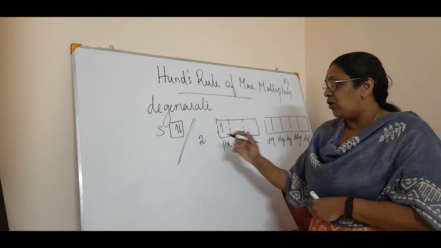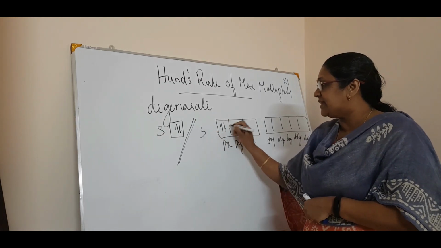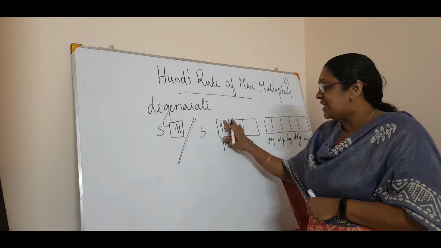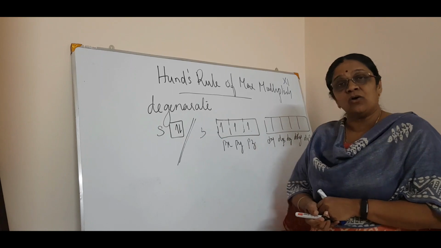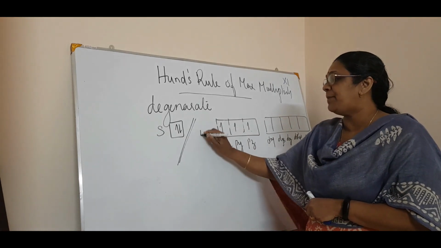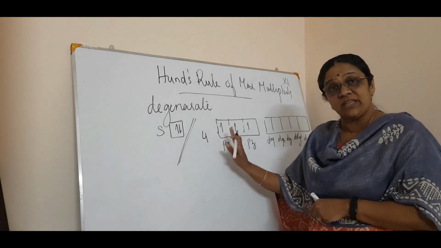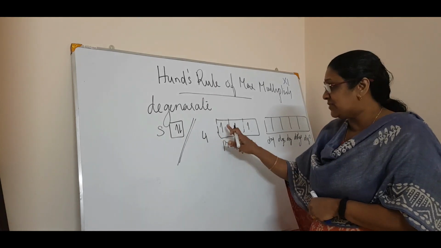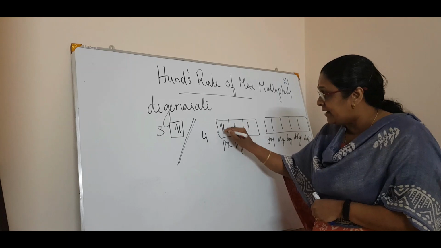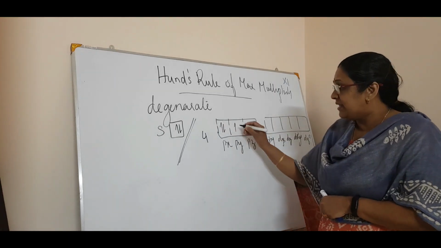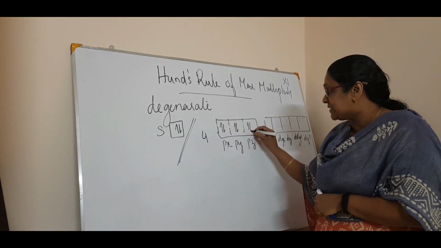You got it? Or if it is 3 electrons, it won't be like this. First, it has to fill all the orbitals, then come back and pair. For example, p4. If there are 4 electrons in the p orbital, 1, 1, 1, then you pair the 4th electron. This is the 5th electron and this is the 6th electron.